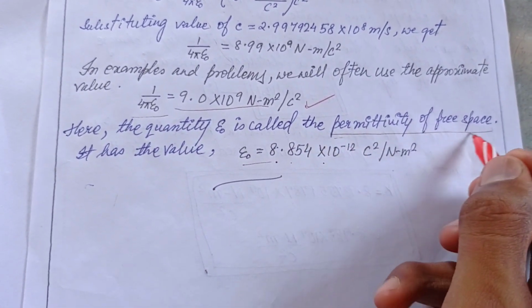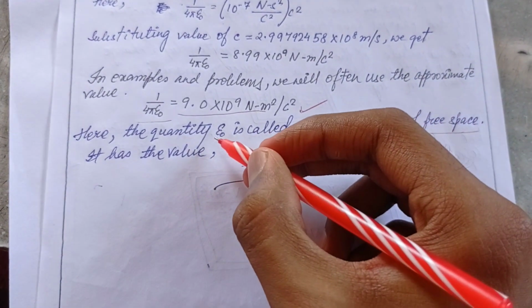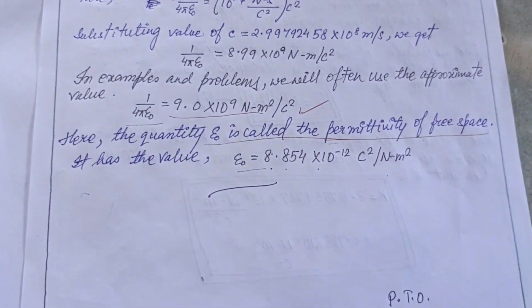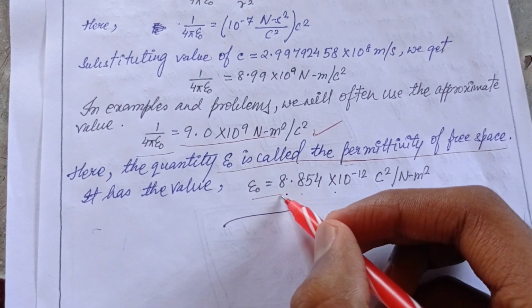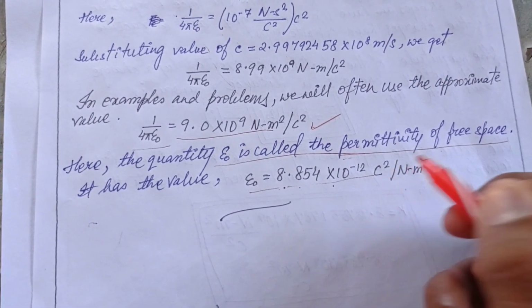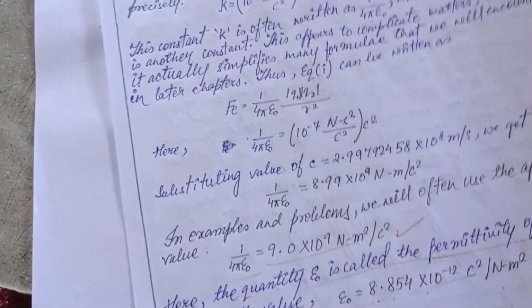It has the value epsilon naught equal to 8.854 × 10^-12 coulomb square per newton meter square. These are some points you need to keep in your head, the things which I've highlighted.